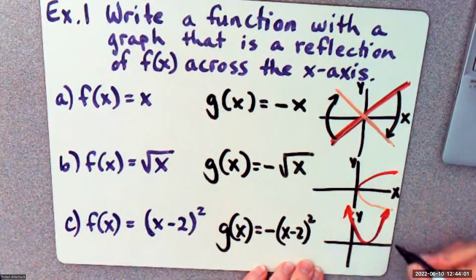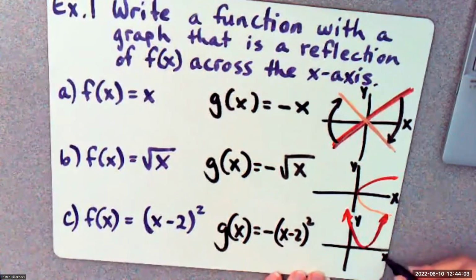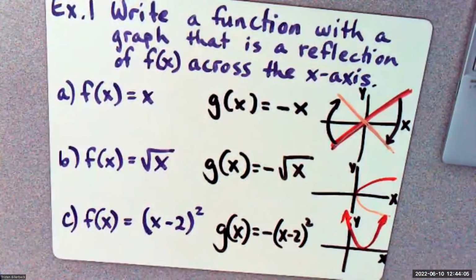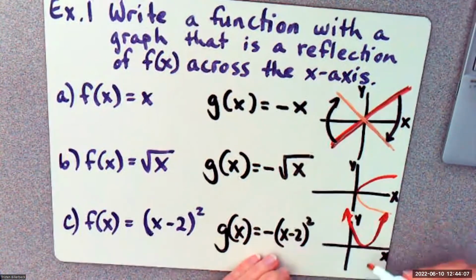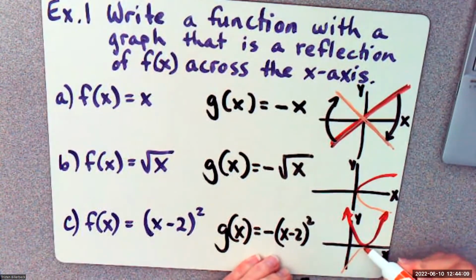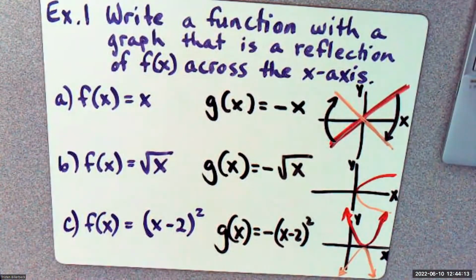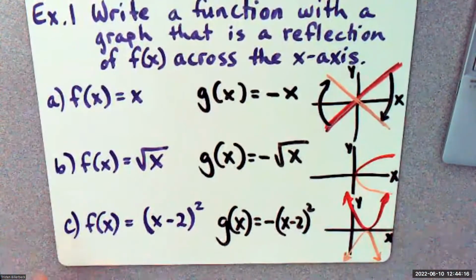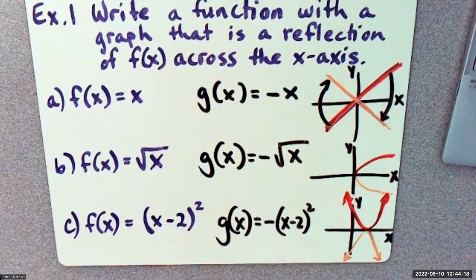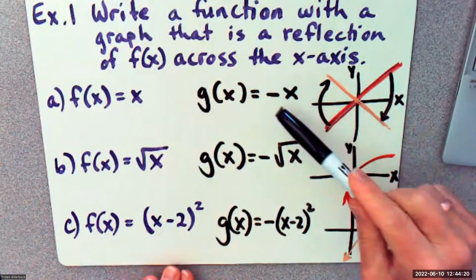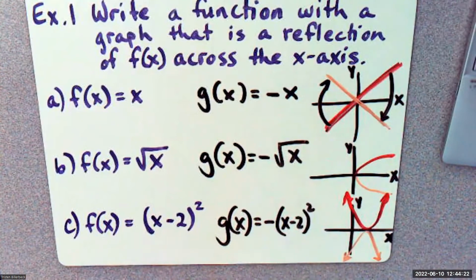So I have my y-axis and my x-axis. And then down below, the reflection would just look like this. So there we have it. That's all a reflection is, it's just a negative in front of the function.